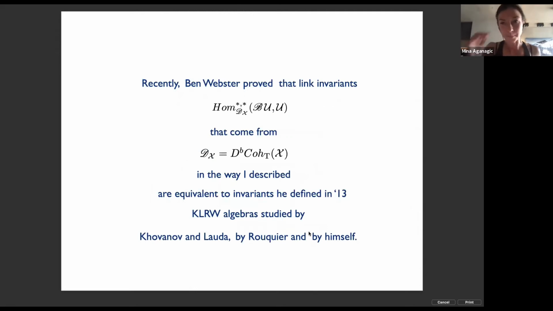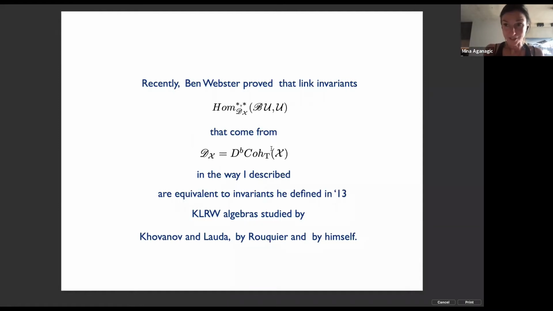Now, recently, Ben Webster proved that link invariants that come from B-type branes, the category of B-type branes on X, in the way I described, are equivalent to the invariants that he himself defined in 2013, purely algebraically in terms of KLRW algebras, studied by Khovanov, Lauda, Rouquier, and himself.